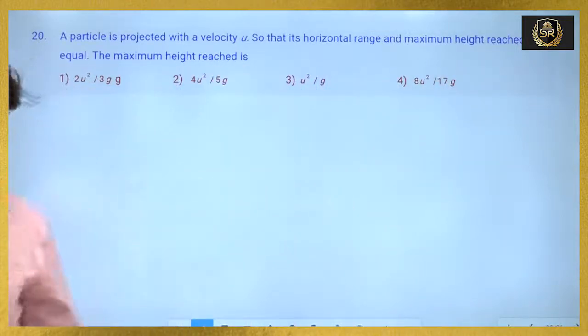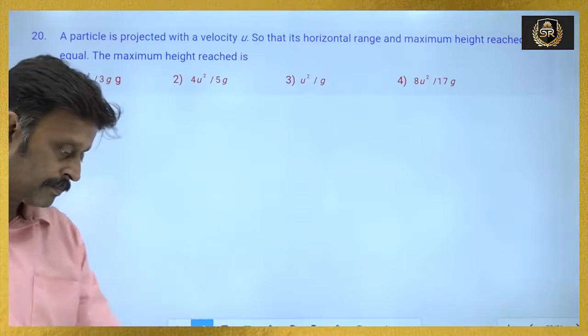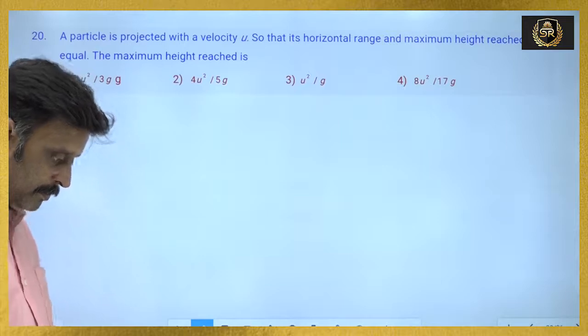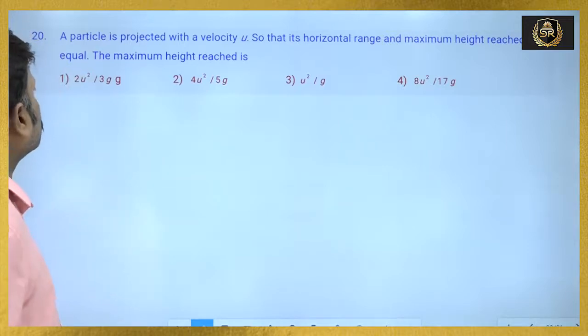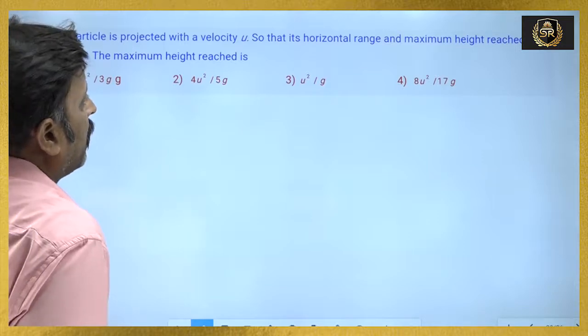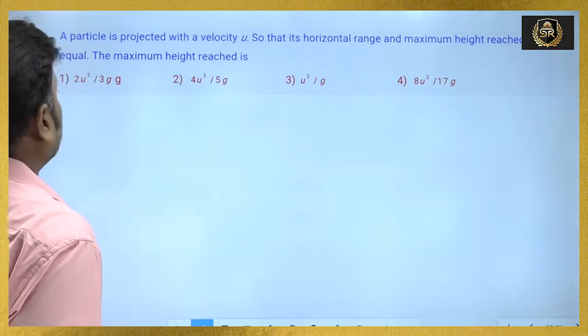This is question number 20. The particle is projected with initial velocity u so that its horizontal range and maximum height are equal.